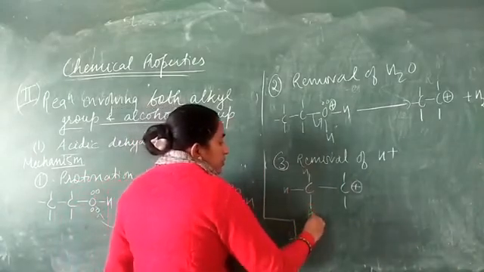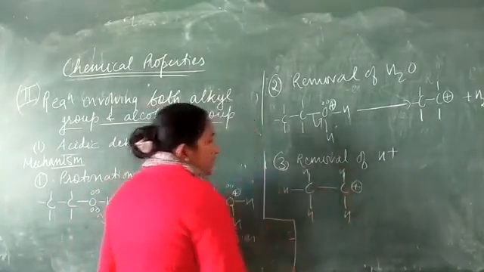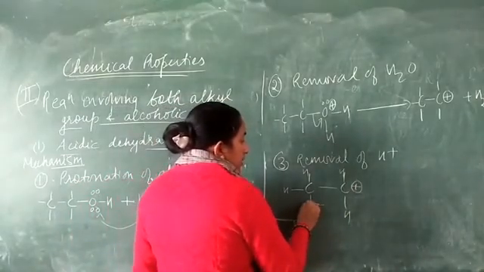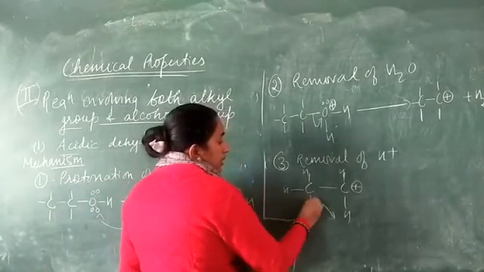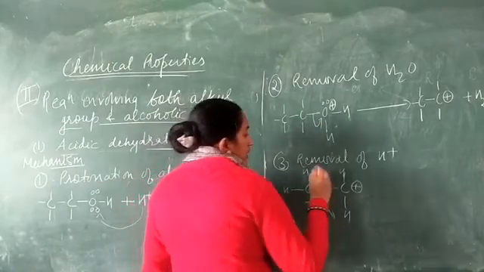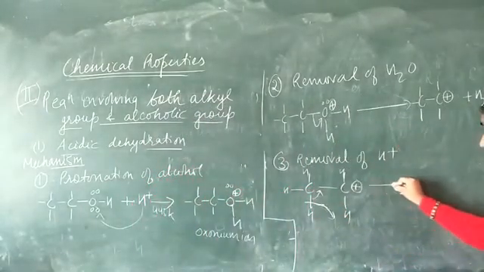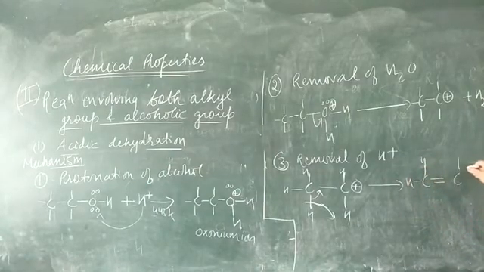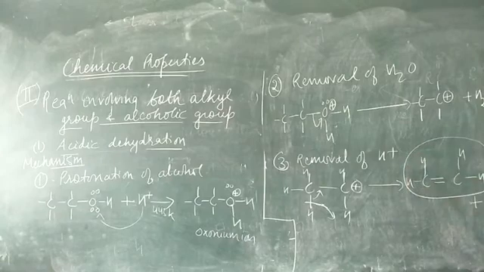Students, though I have shown it with a simple bond, actually we have this H. So this bond will be broken and this electron pair is going to complete the valency of the hydrogen. In this way we will get an alkene formed, right?